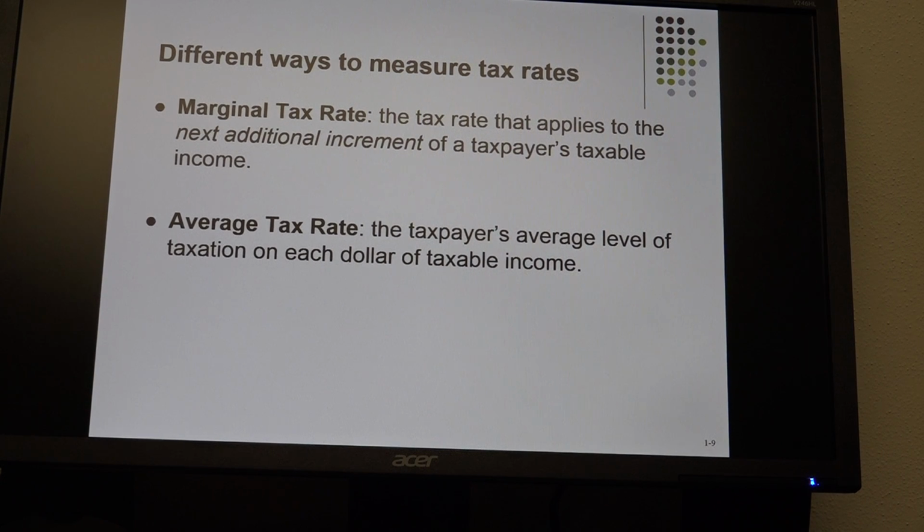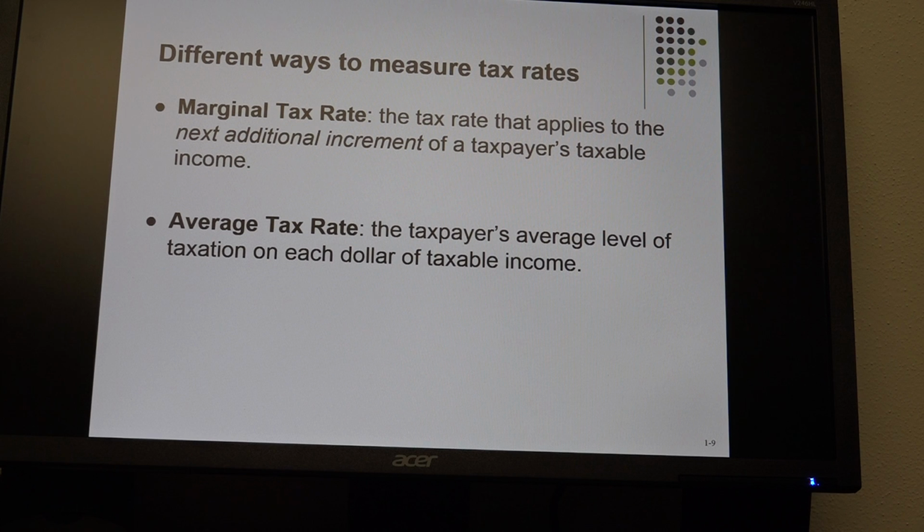Because we are taxed at graduated rates, you're not taxed a flat amount on all taxable income. You're taxed at various levels, okay, as we saw in our tax tables at the back of the book.